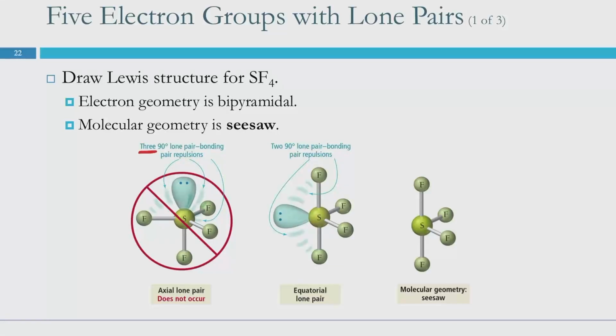So 3 90-degree lone pair bonding pair interactions is not good. If we put it on the equatorial position, then we only have 2 90-degree interactions. 2 is fewer than 3. And so it's more favorable for our lone pair to go in one of the equatorial positions. These 120-degree interactions don't even come close to the 90-degree interaction. So we're minimizing our 90-degree interactions between the lone pair and the bonding pair.